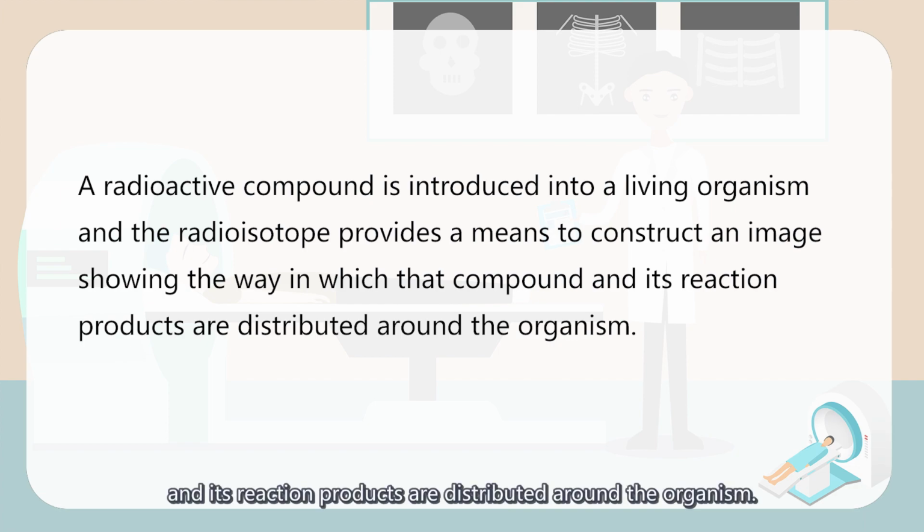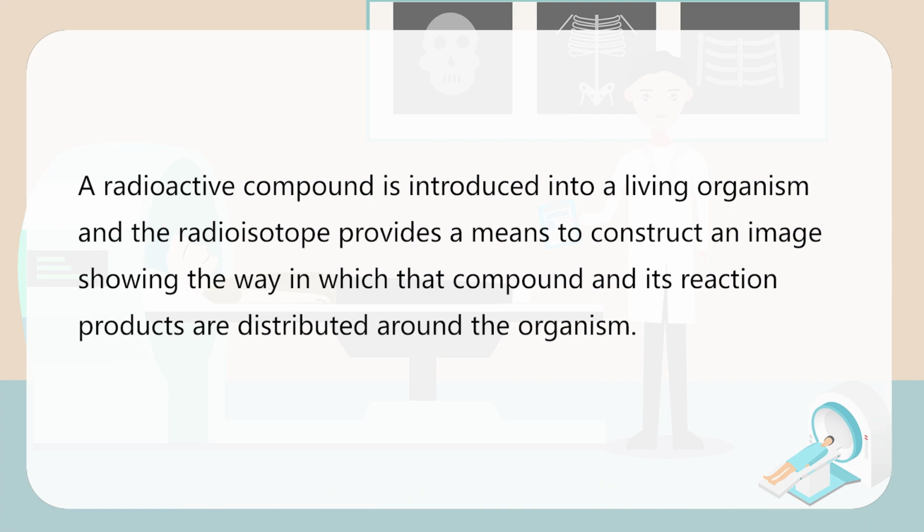showing the way in which that compound and its reaction products are distributed around organisms. Actually, radioisotopes of hydrogen, carbon, phosphorus, sulfur, and iodine have been used extensively to trace the path of the biochemical reactions because these elements belong to the most common elements in our body.